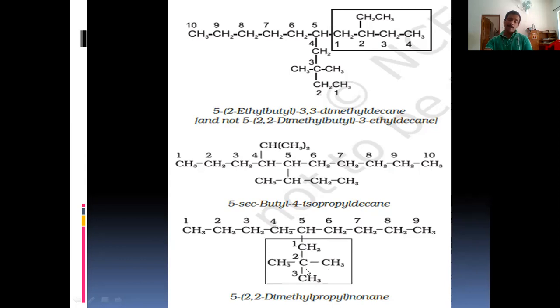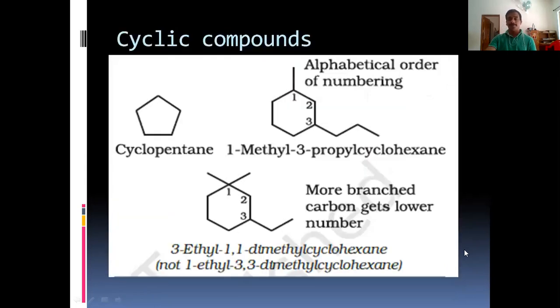It is a propyl group, in which 2 substituents, so 2,2-dimethyl propyl. So 5, the fifth carbon atom. So 5-(2,2-dimethyl propyl), no 9. 9 carbon atoms. Therefore 5-(2,2-dimethyl propyl) nonane.